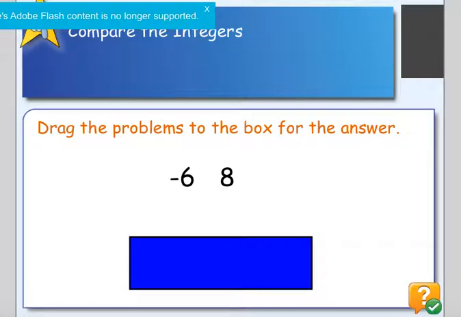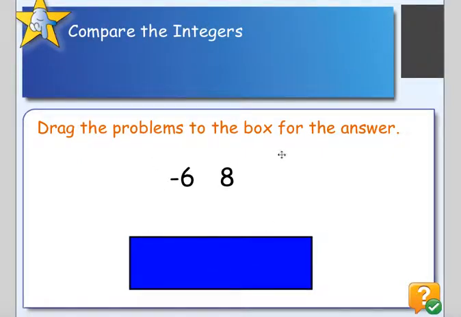When we are comparing integers, remember that we can show these with an inequality sign. We look at -6 and 8 and say, well, we know that 8 is bigger, so we can say that -6 is less than 8. We can use this less than symbol to show that -6 is smaller than 8.